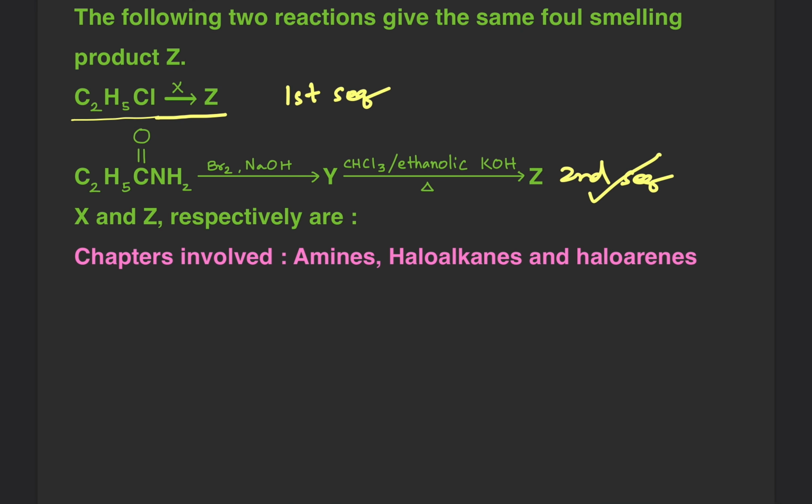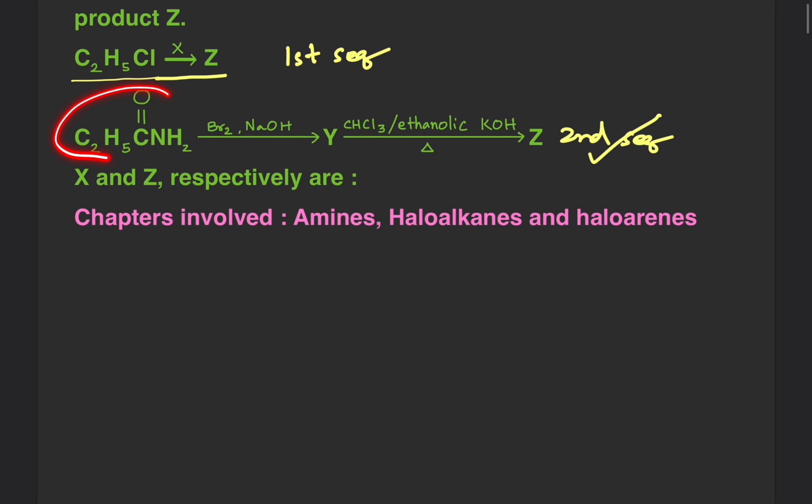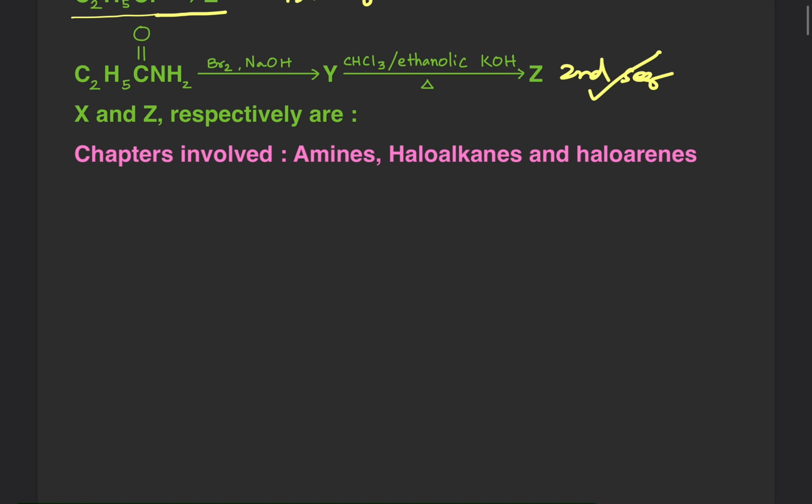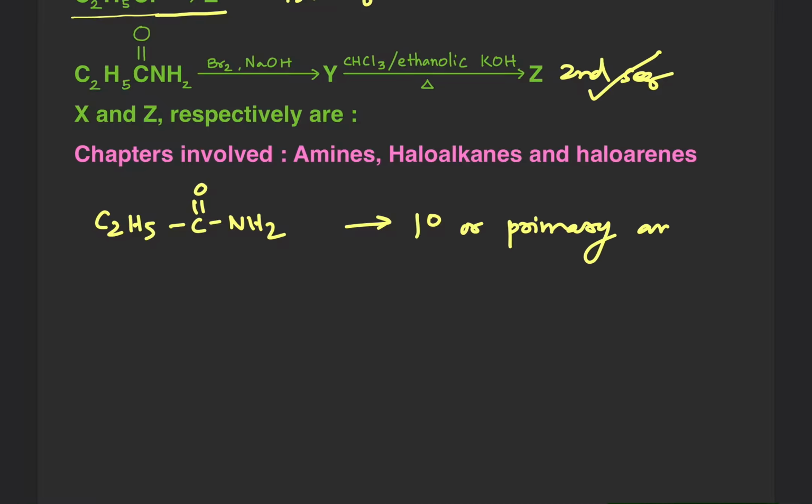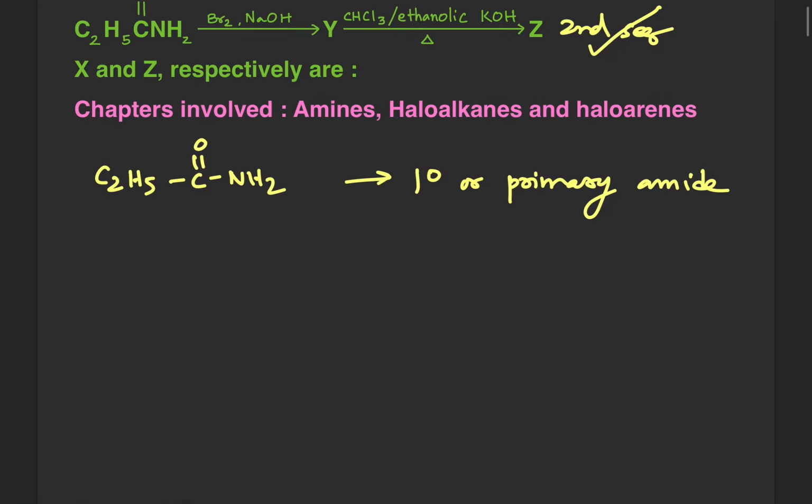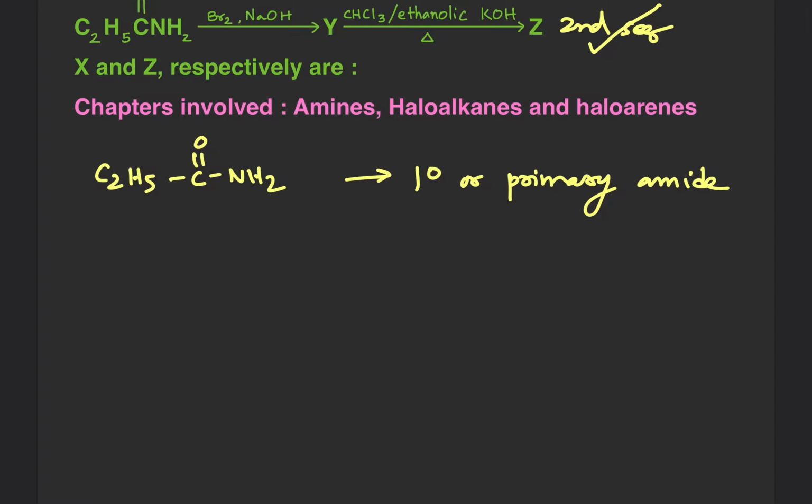We start with propionamide. So this guy is propionamide, C2H5 C double bond O NH2. So this is a 1-degree or primary amide. So amide because you can see the C double bond O N linkage, and 1-degree because nitrogen is attached to one carbon.